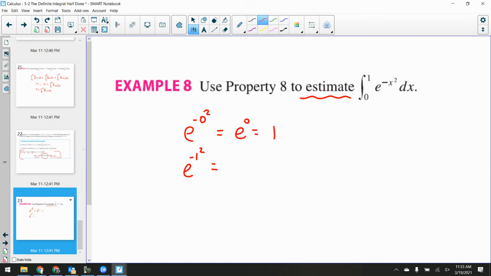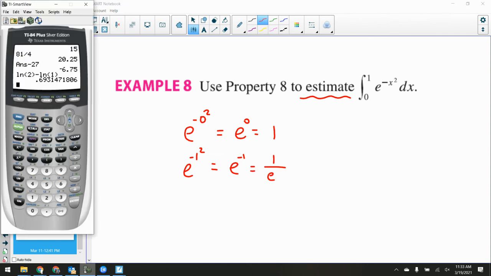All right, and now for 1, notice that the negative is not squared, so this is like e to the negative 1, or 1 over e. So let's figure out what that is. E to the negative 1. Screwed me up. 0.3679.